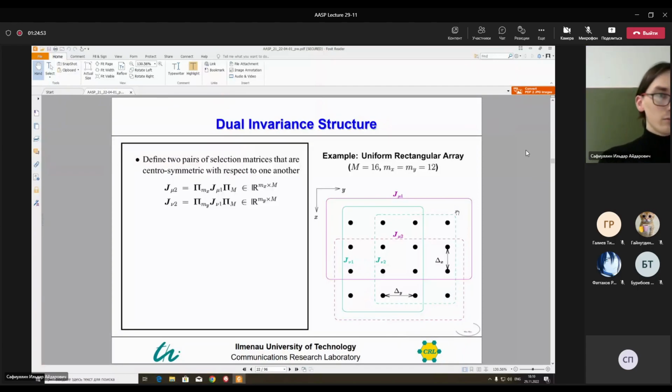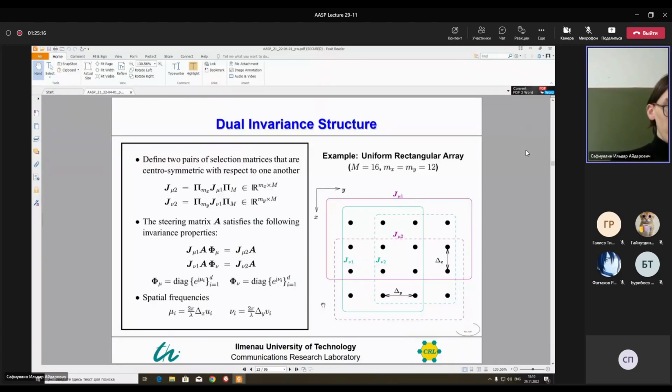And here the main idea is to see that the right exchange matrix is the same, that of size m, and for the left exchange matrix, instead of just small m, we write m sub x and m sub y.